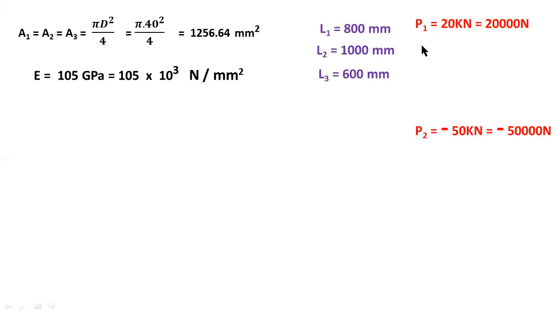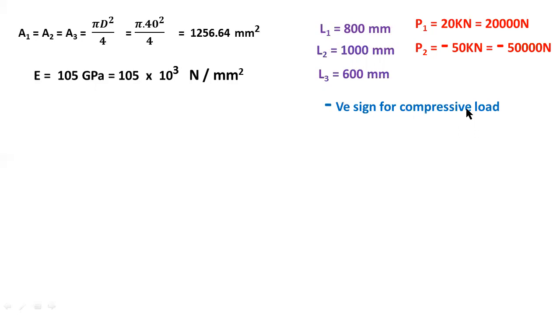P2, the load acting on the bar BC, is minus 50 kilonewtons, that is minus 50,000 newtons, negative sign for compressive load. Similarly, P3 equals minus 30 kilonewtons, also a compressive load, so minus 30,000 newtons. These three are the loads acting on the individual bars.